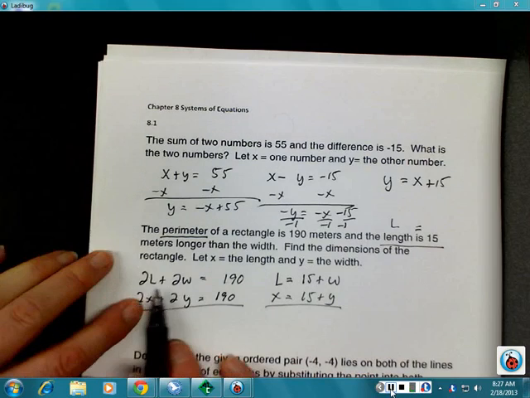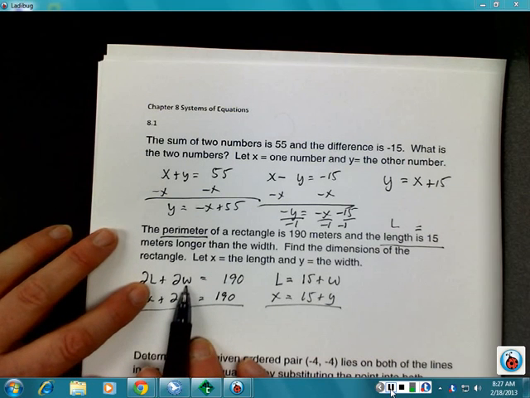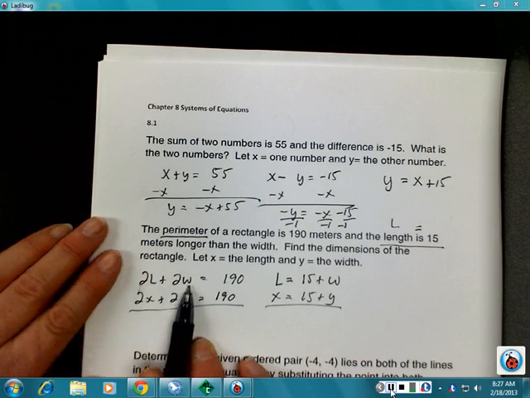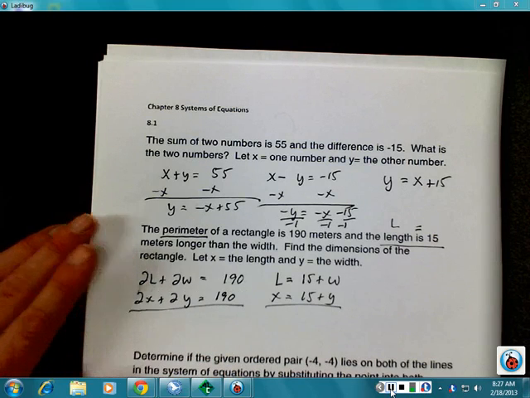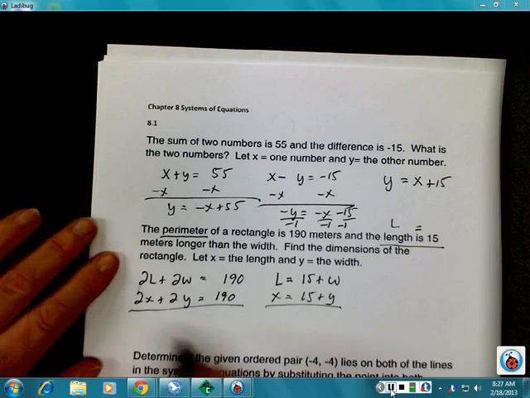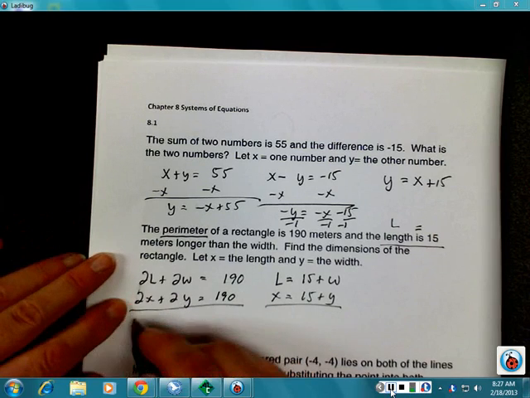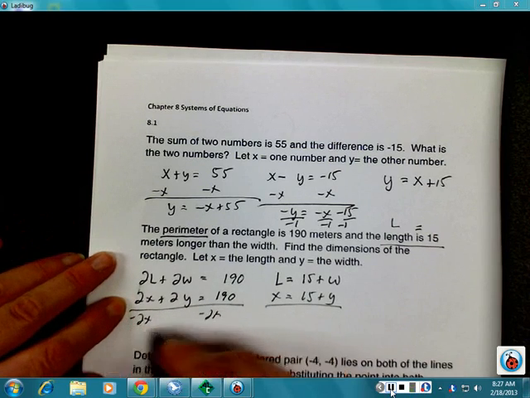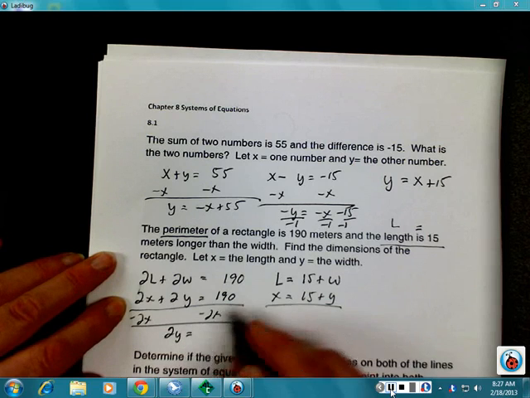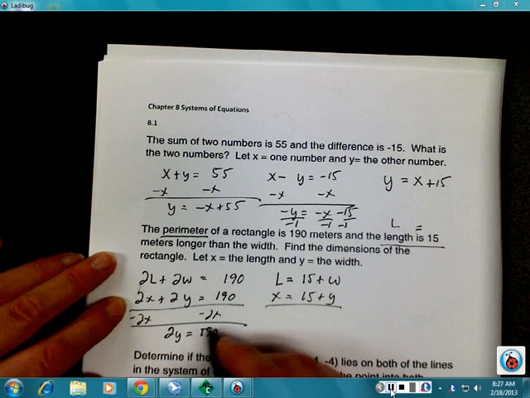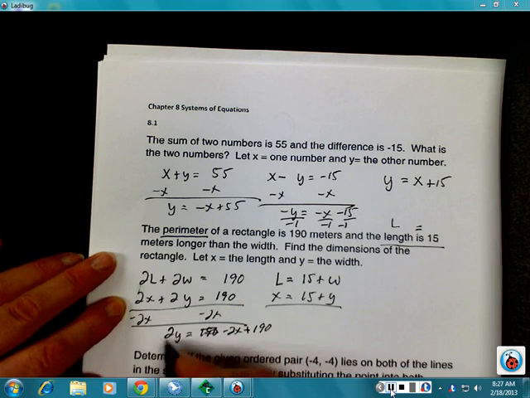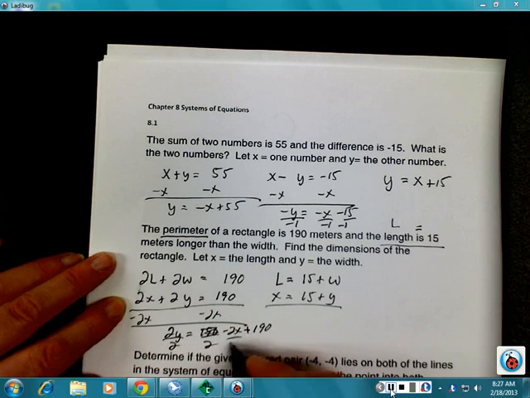Now the reason they went with x's and y's in this problem is that if you wanted to use L's and W's, you would have to set your graph up as an L and W axis instead of X and Y axis to do that one, so they just plugged it back in and made it into Y. So then we would solve it by moving the 2x over. Then divide everybody by 2.